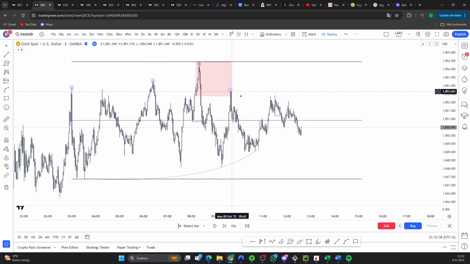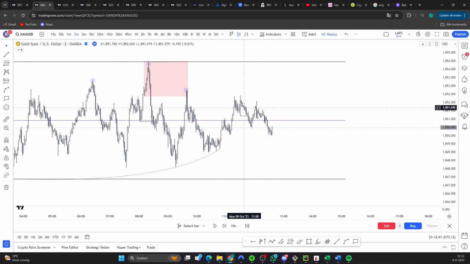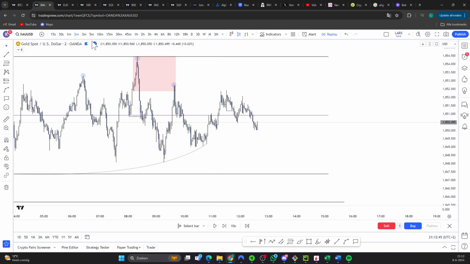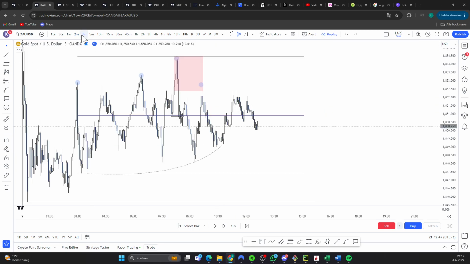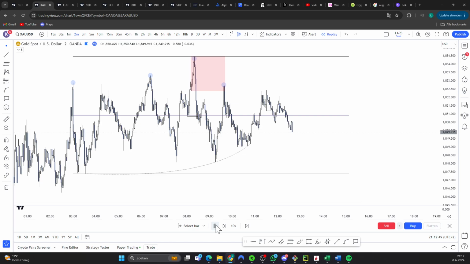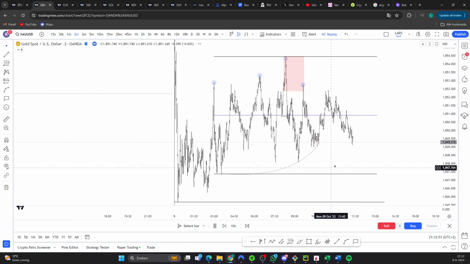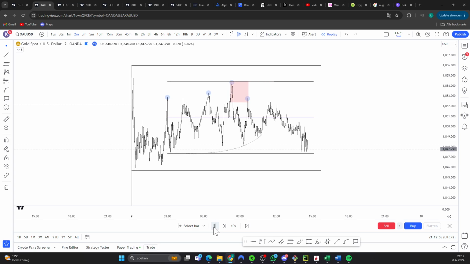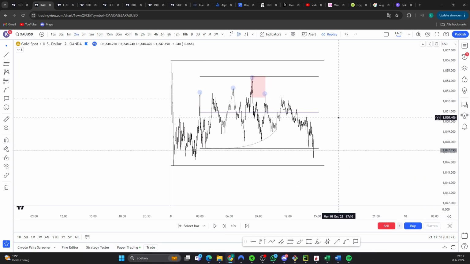It's taking its time for sure. This could be the LPSY. I don't know if it's a 1 minute structure or not. It should come down though. Yeah, there you go. Okay.